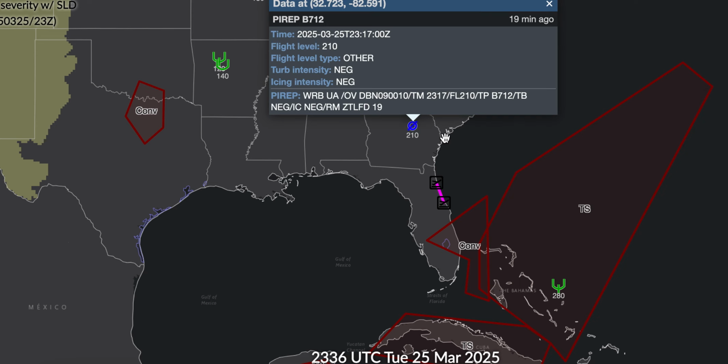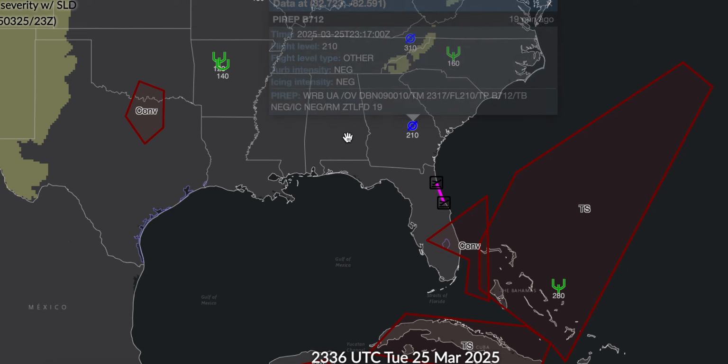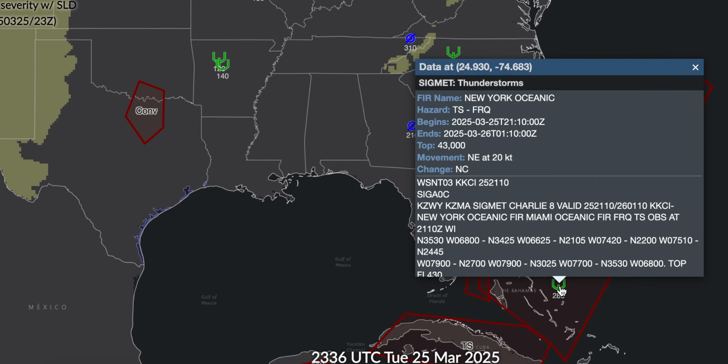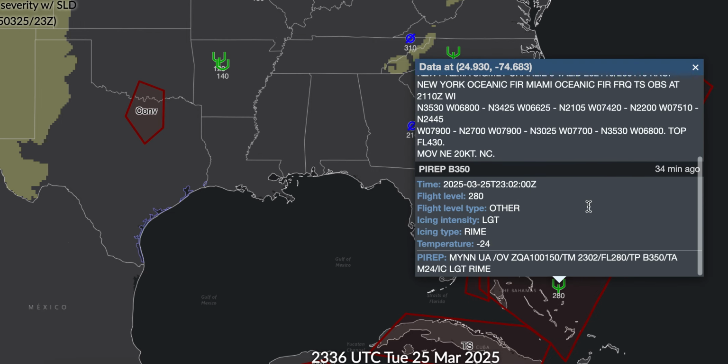So the closest one to us is probably this guy right here. Type Boeing, I think that's a Boeing 717. Turbulence, negligible. Icing, negligible. So pretty much everything looks good over this area. We've got a guy down here. So it's light icing.